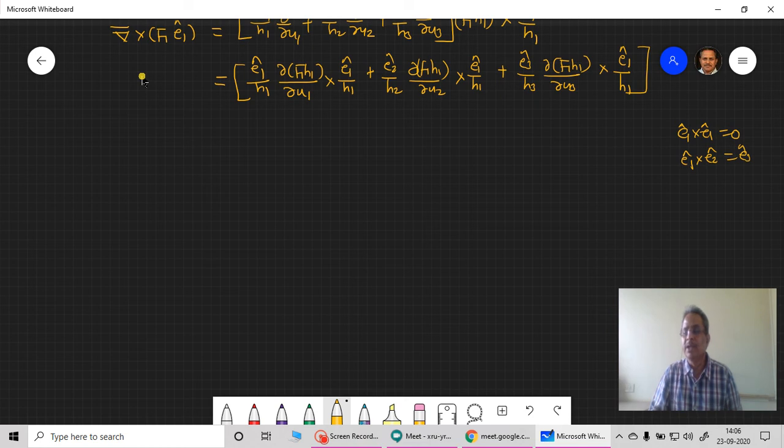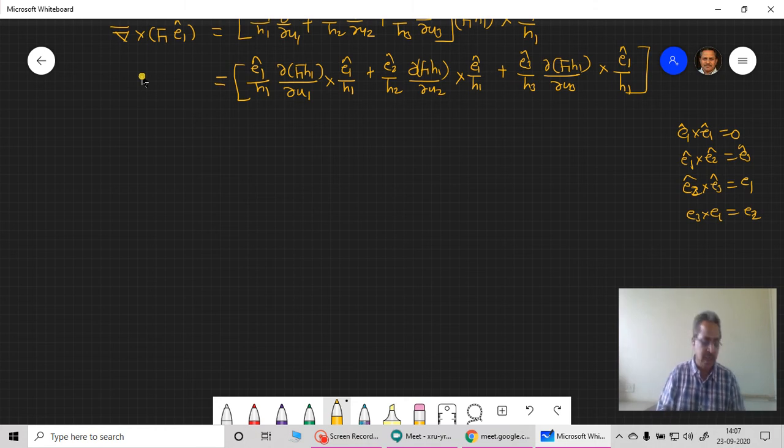If the order is opposite, E3 cap cross E1, then it will be minus E3, and E2 cap cross E3 is E1, and E3 cap cross E1 is equal to E2. So those operations are known to us. We have to use these operations here. So E1 cross E1 will be 0, E2 cross E1 will be minus E3, and E3 cross E1 is plus E2.